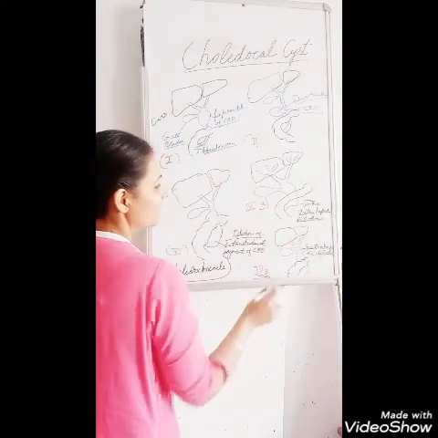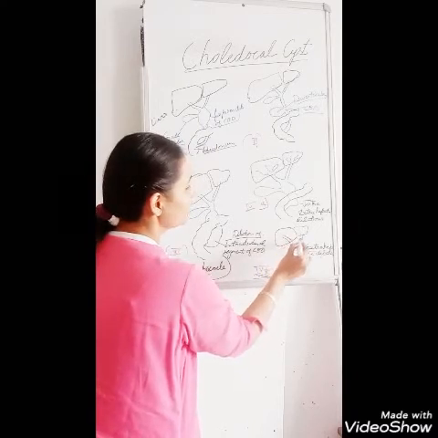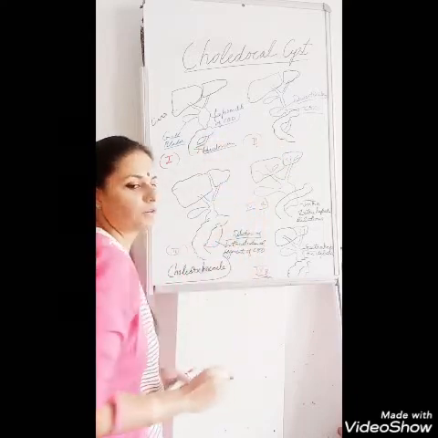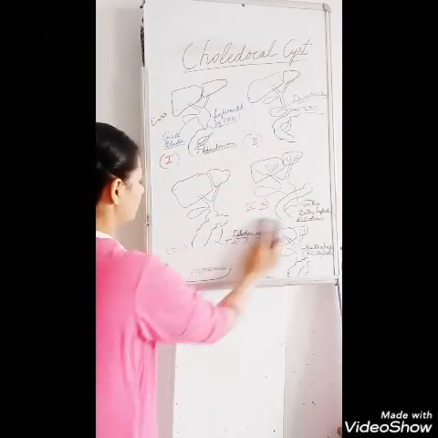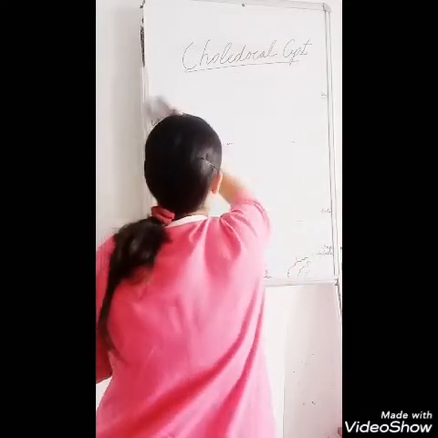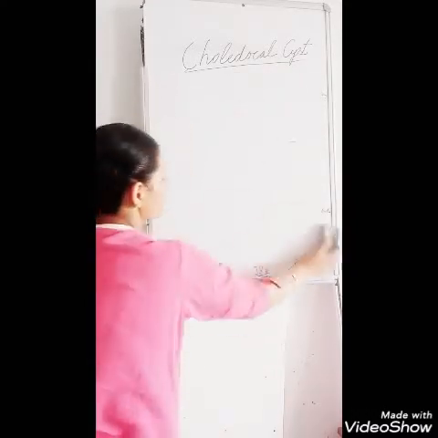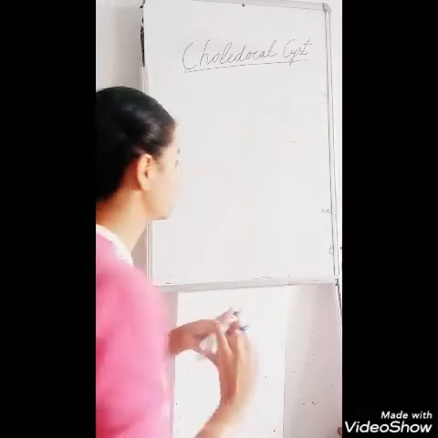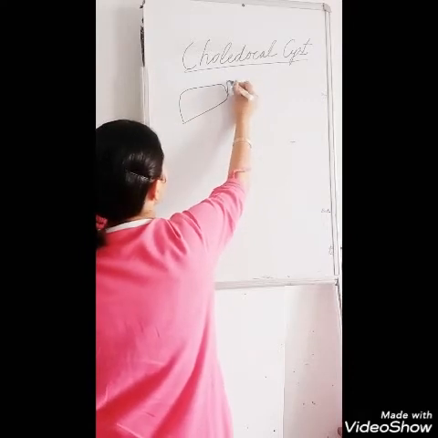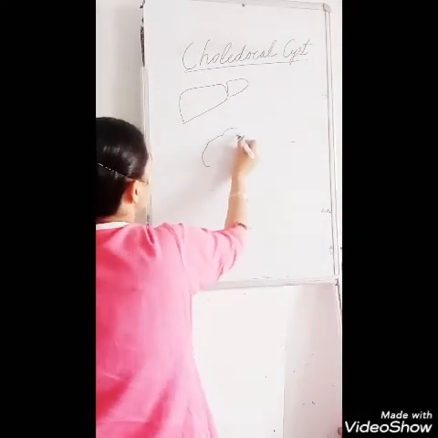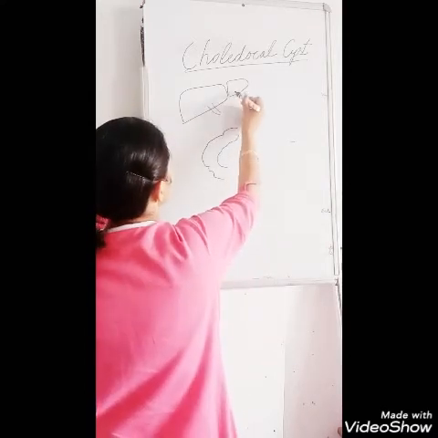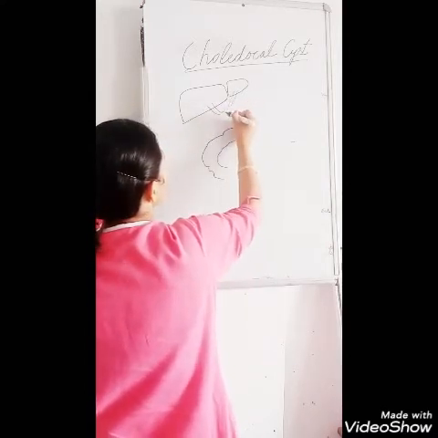See, the internal ducts in the liver are normal, but here the dilatation of the intrahepatic ducts also occurs. The fifth classification is known as Caroli disease. This is the liver and this is the duodenum, and these are the intrahepatic and extrahepatic ducts.